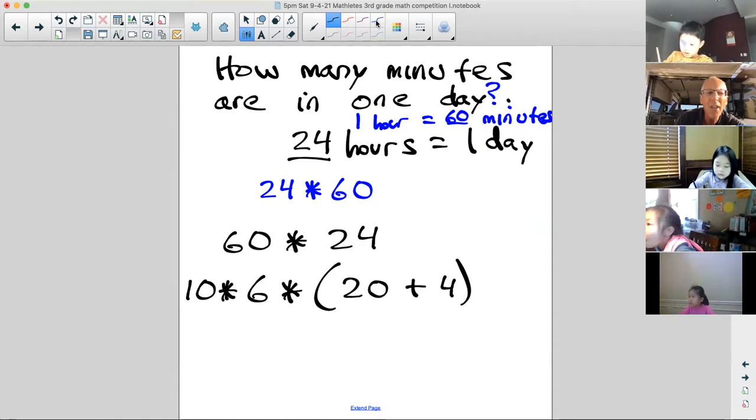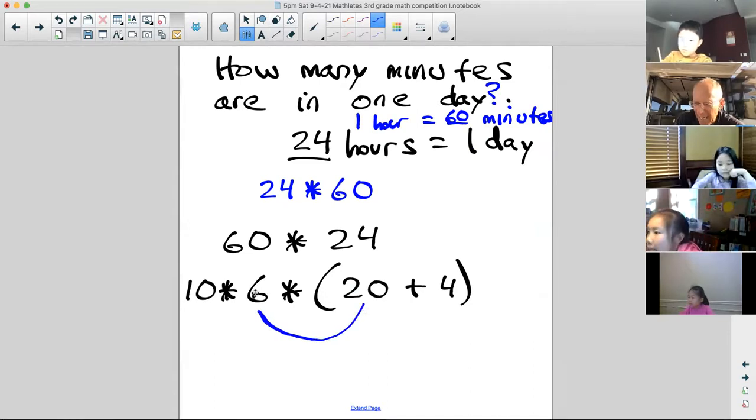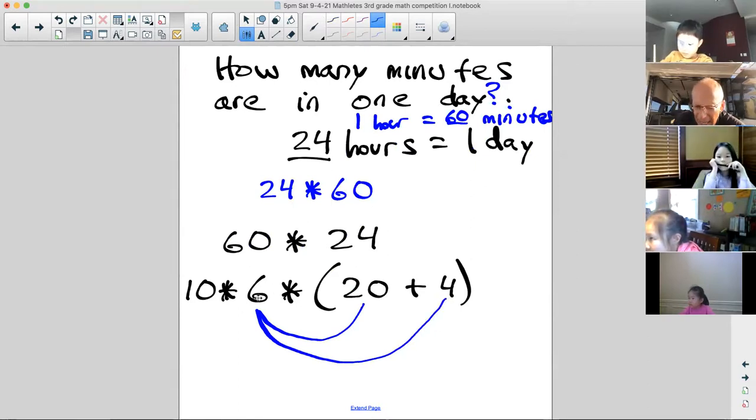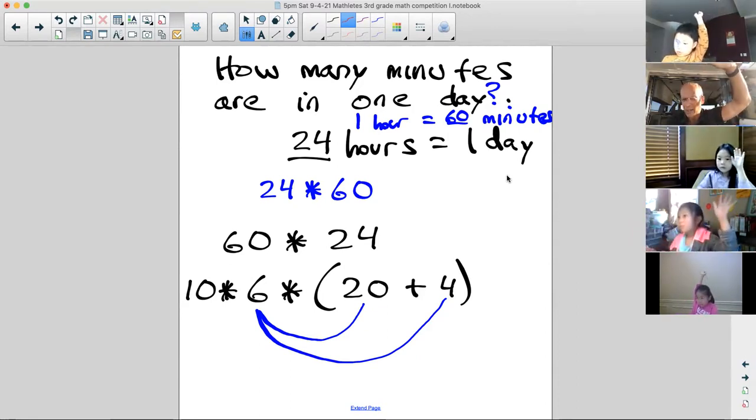Now, the first thing I want to do is distribute my 6 to 20 and then to 4. So if I said 6 times 20, how many of you can count by 20s with me? Raise your hand if you can count by 20s. Let's try it. Are you ready?